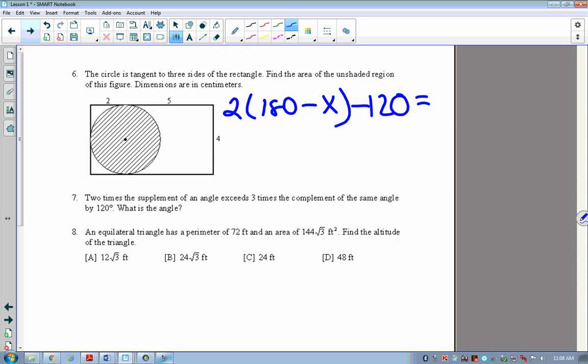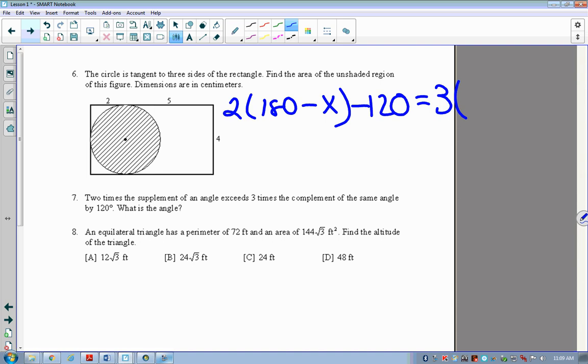Okay? Now they should be equal, right? Now it's balanced because it no longer exceeds it. Okay, but what is it equal to? It says 3 times the complement of an angle. So how do I write 3 times the complement of an angle? 3 times what?